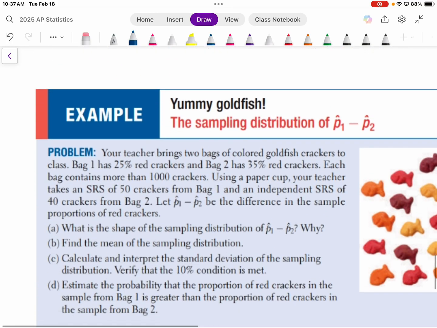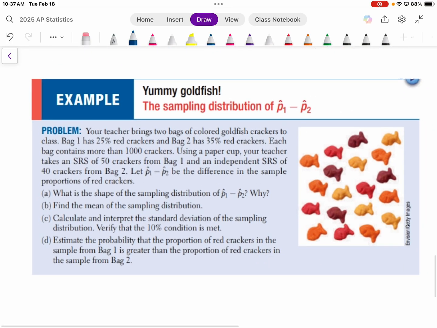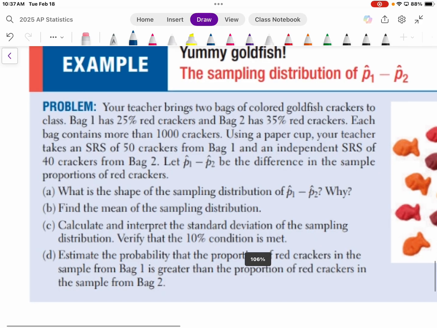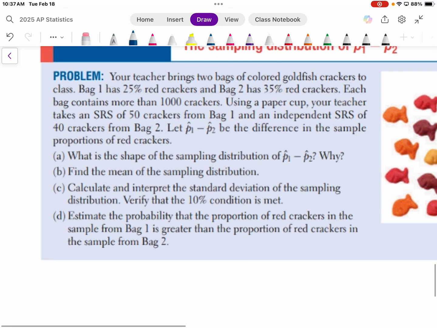All right, so let's do an example. You've got goldfish. Your teacher brings 2 bags of colored goldfish crackers to class. I'm going to write some stuff down here. Bag 1 has a P hat of 25% red crackers, and we're doing red.